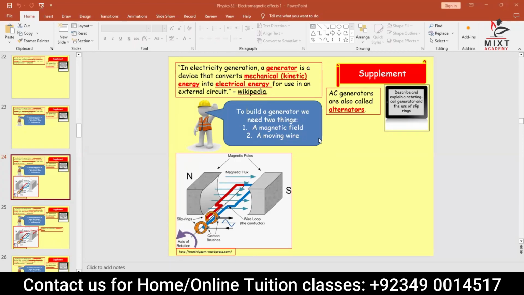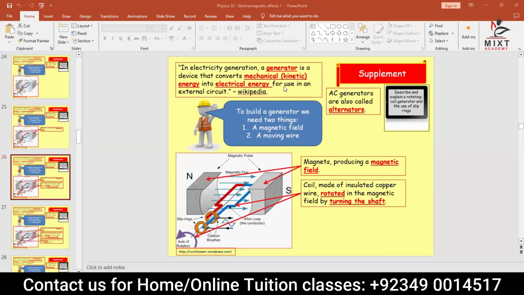Guys, you do not need to write it because I'm going very fast. I will provide you the same notes as well. I already provided you the notes. Did you get the notes? I want you to just write the definition: the generator is a device that converts mechanical energy into electrical energy. And the rest is absolutely the same as a motor.